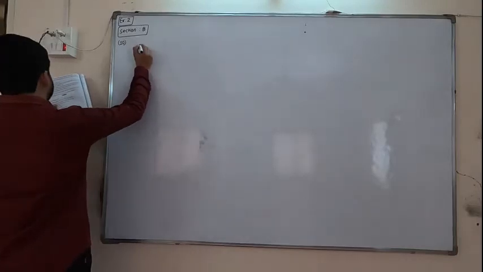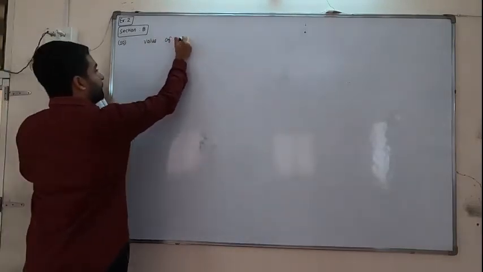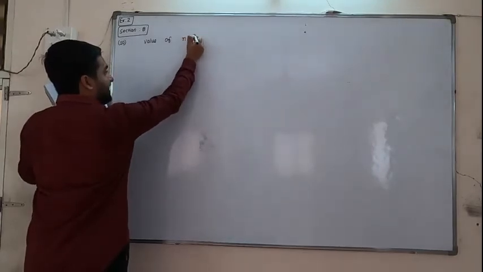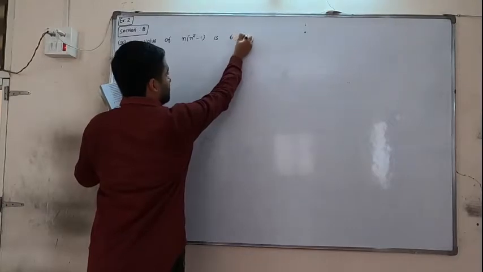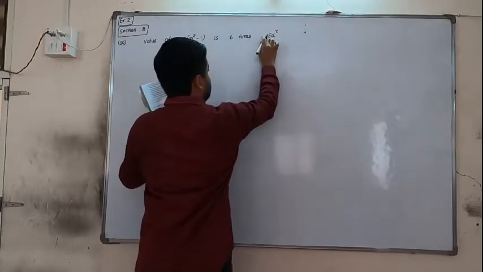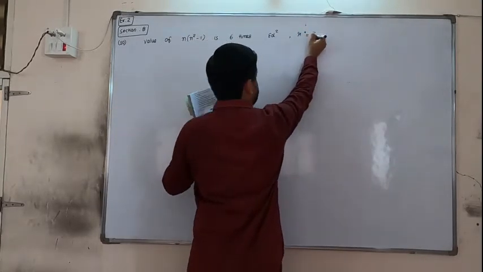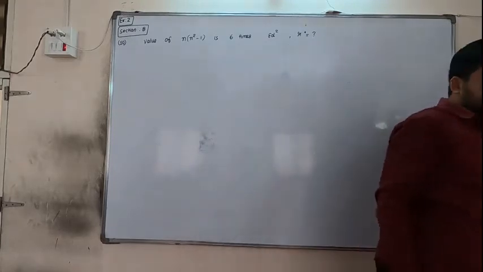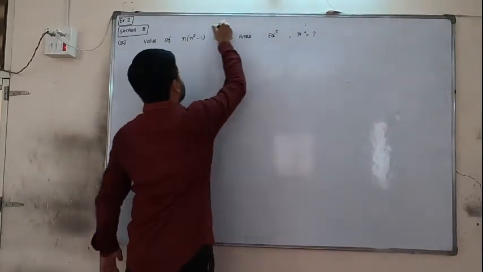One mathematical statement is given. The value of the term n square minus 1 is 6 times sigma d square, R is equal to question. Now friends, we have to present this sentence mathematically.